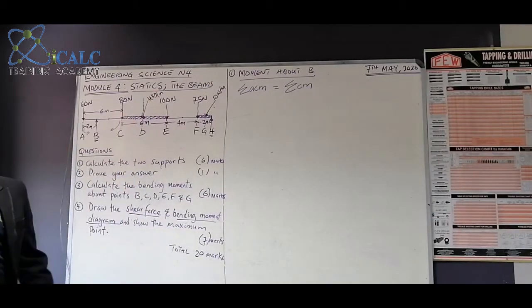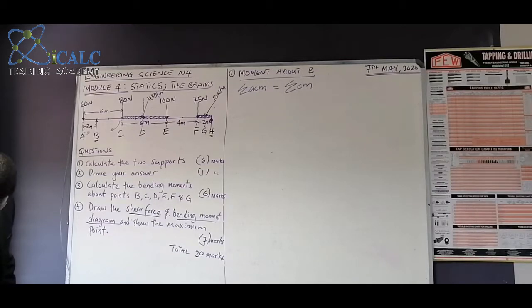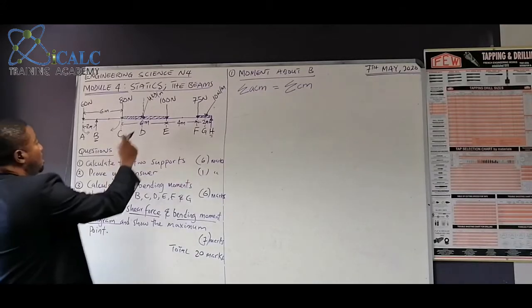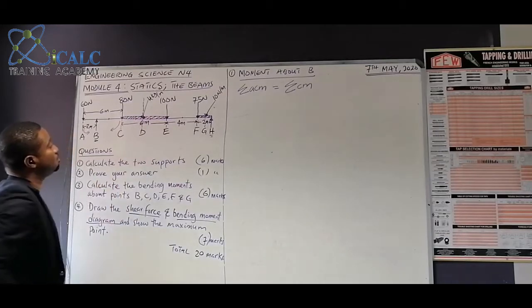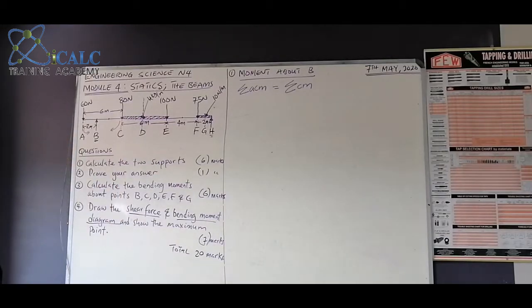We will say 4 multiplied by 9.8, that will give us 39.2, and we have over 6 meters.